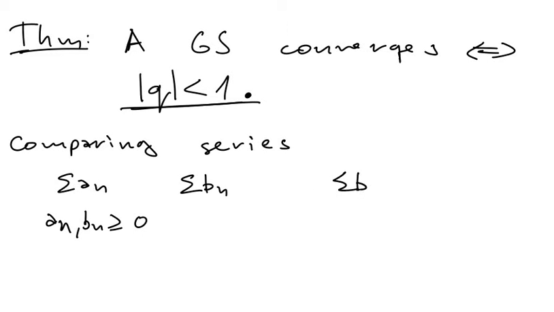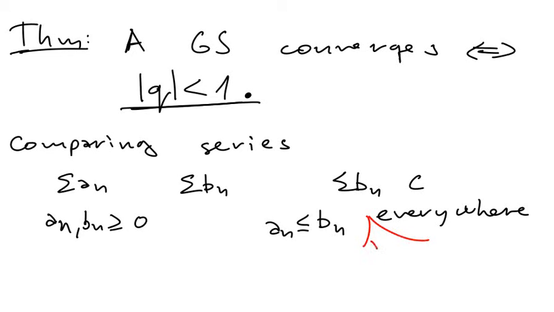Now what we know is that sum of bn converges, and also that bn is larger than an, maybe everywhere or almost everywhere, meaning there can be a few exceptions.